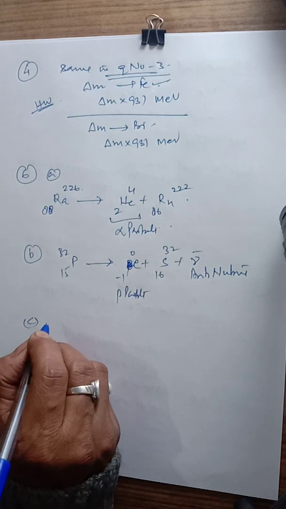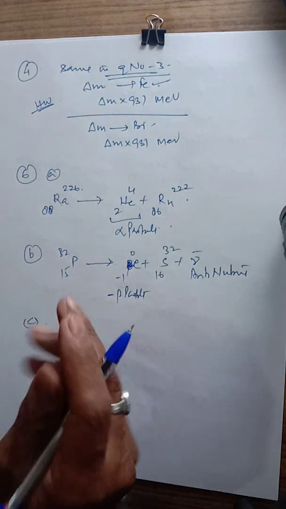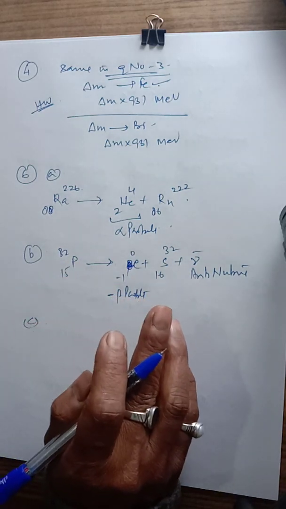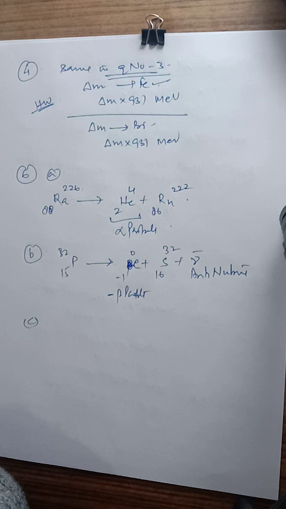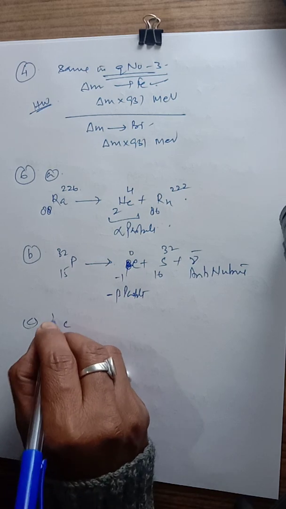The third one is the beta plus decay. The previous one was the beta minus decay. For beta plus, it will be carbon-11 (6).